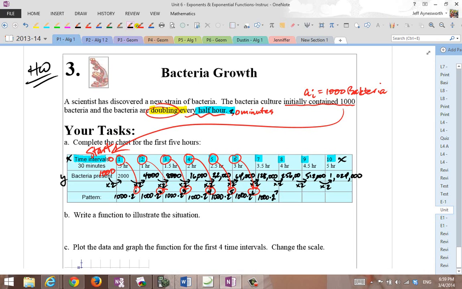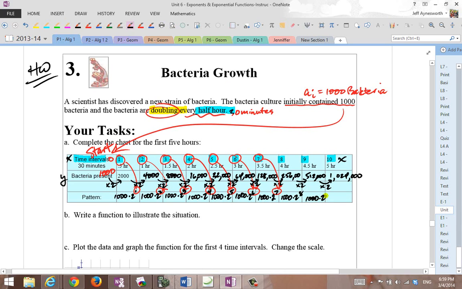Ooh, look at that. It corresponds with a time interval. All right, so I already know what this is. This is going to be 1,000 times 2 to the 8th. This is going to be 1,000 times 2 to the 9th, and this is going to be 1,000 times 2 to the 10th. Once again, look at the time interval and look at the exponent.